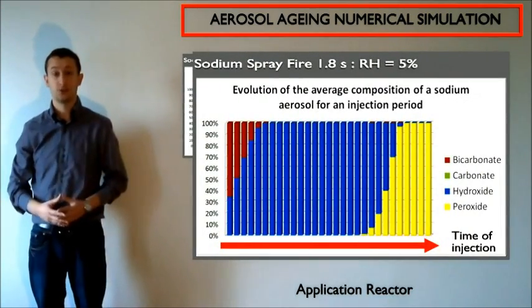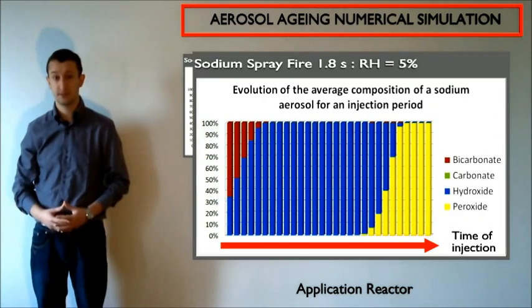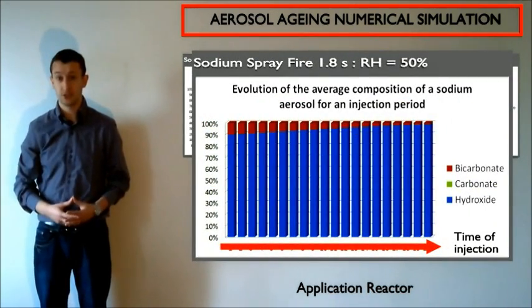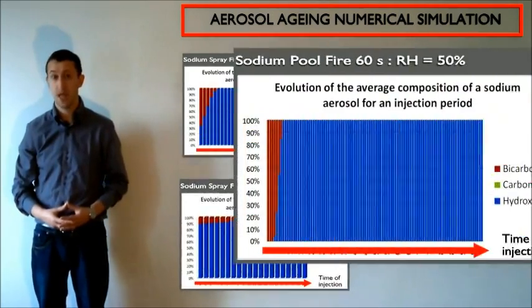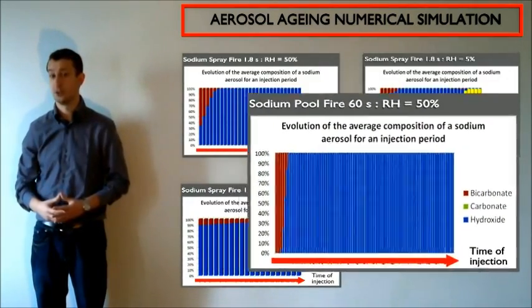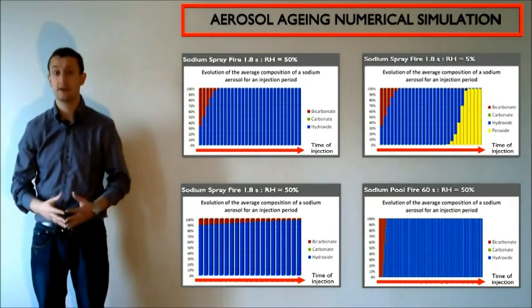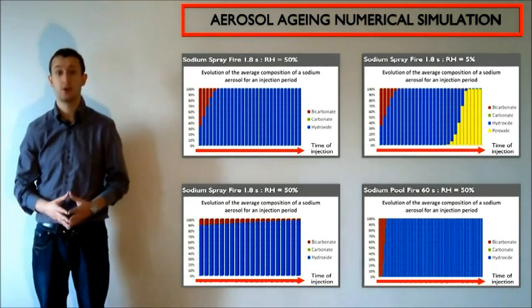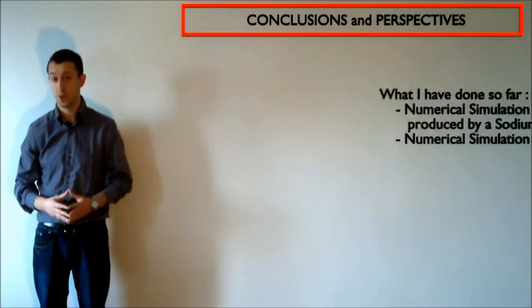You can see the result at a relative humidity of 5%, with slower gas diffusion into the aerosol, and in a pool fire situation. You can see some significant differences in the final composition that can have an impact on the radiocontaminant chemistry.